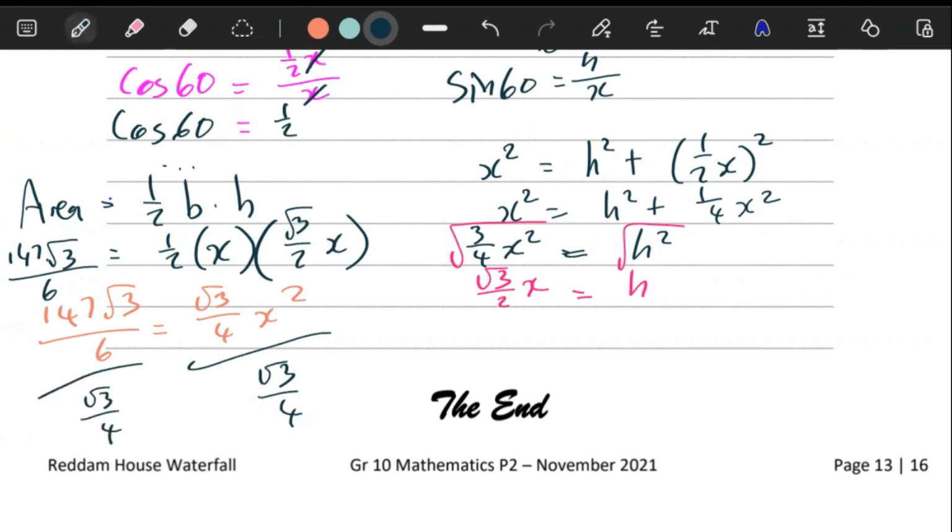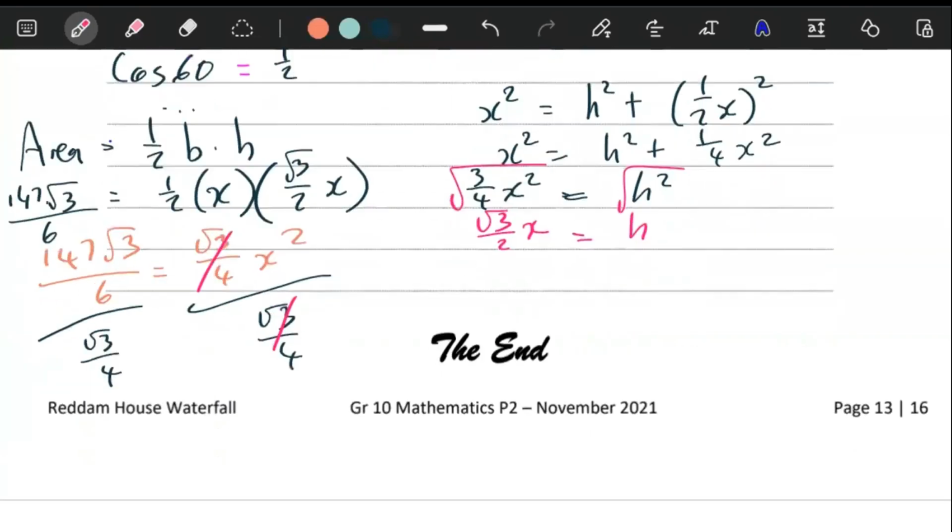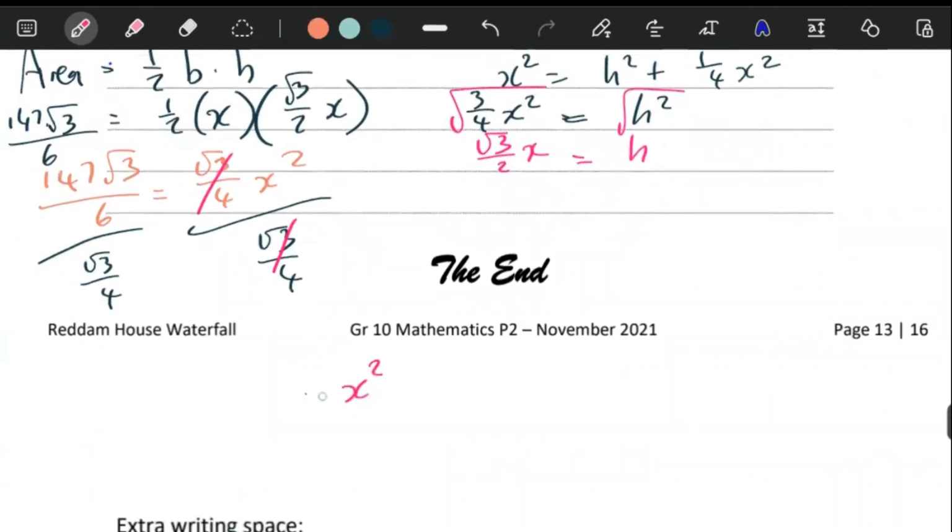So this cancels this, and x squared is equal to this whole thing here: 147 square root of 3 over 6, divided by square root of 3 over 4. That's like 98 on the dot.